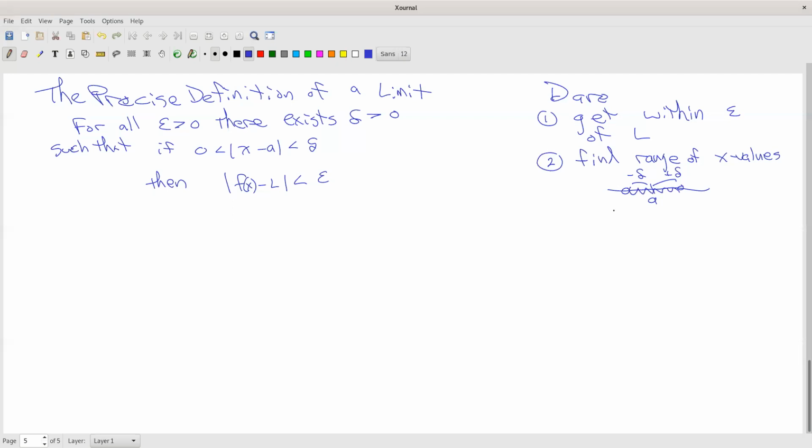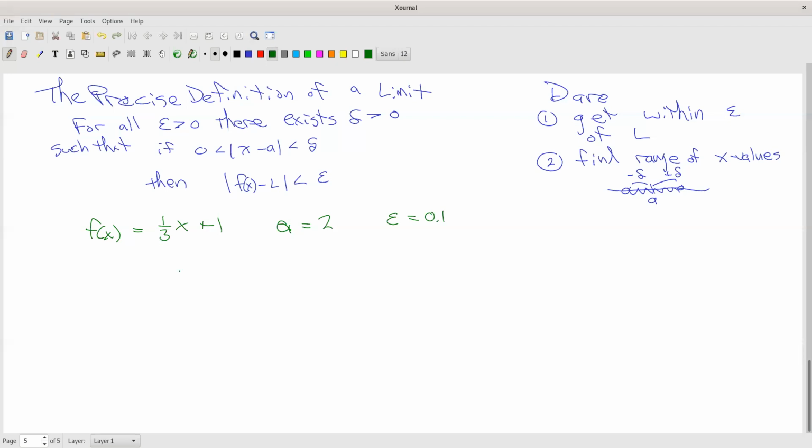Easy idea, crazy definition, hard to do in practice. We're just going to do some very simple problems. So I'm going to pick f of x equals 1/3 x plus 1 as my function. I'm going to let a equal 2 here, and I'm going to dare somebody to get within epsilon equals 0.1 of the limit.